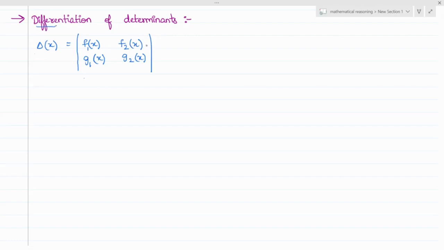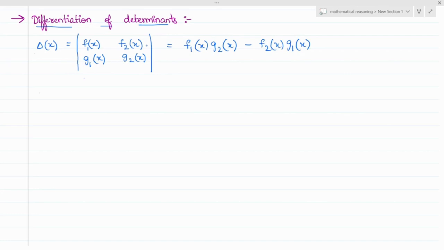The next topic is differentiation of determinants. Here, a determinant is given to you, that is f1(x), f2(x), g1(x) and g2(x). Now, if we open this determinant, we'll get f1(x) g2(x) minus f2(x) g1(x).